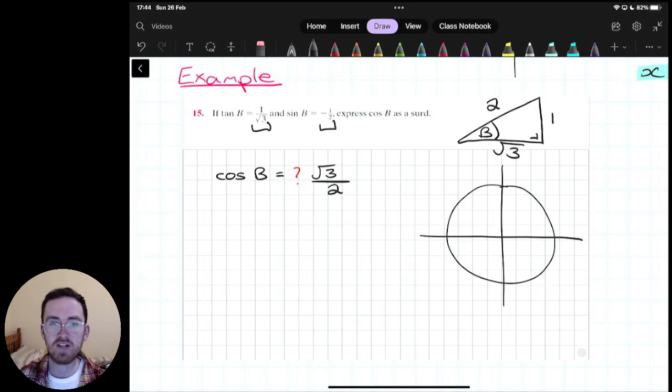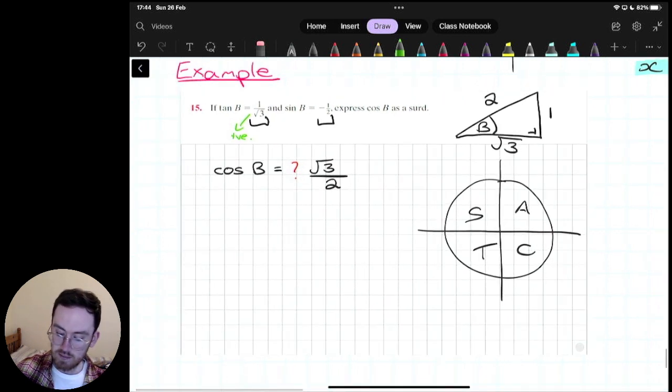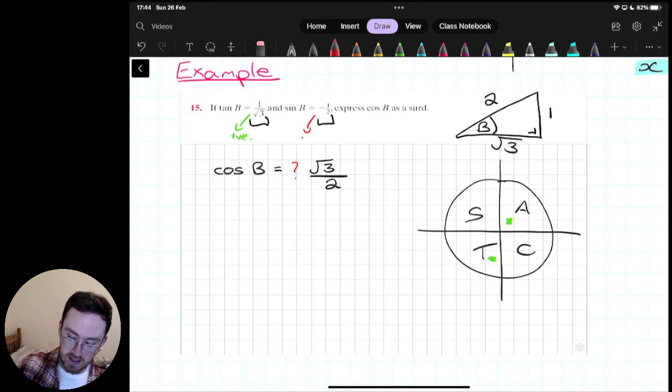So let's have a look. Using our CAST circle, we know that tan is positive in this section and in this section. What else do we know? We know that sine is negative in this section and this section.